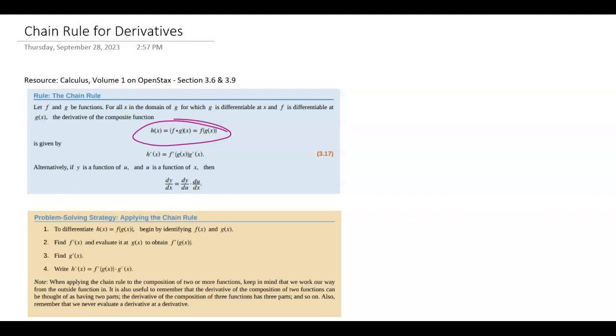It's when you have a function inside another function. And so we're going to use chain rule by taking the derivative of the outside, leave the inside function alone, and then take the derivative of the inside. Another way that you could write this is you could make this f of u for your h function. And so h prime is equal to f prime of u.